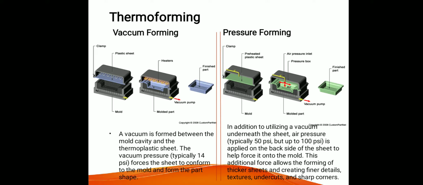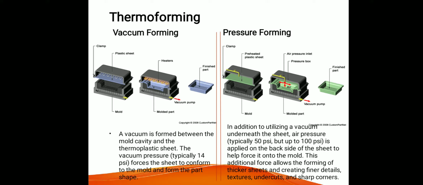So a vacuum is formed between the mold cavity and the thermoplastic sheet, and the vacuum pressure forces the sheet to conform to the mold and form the part shape. After cooling we can get the finished part.